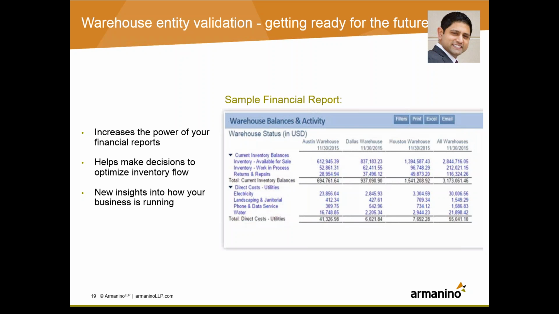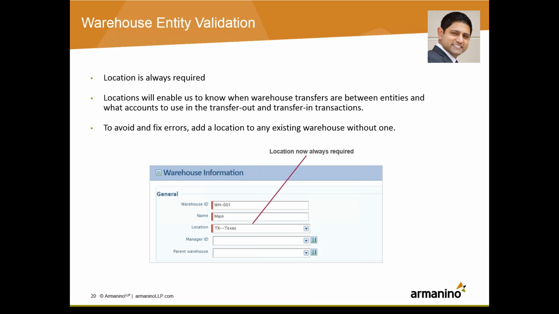The big update with regards to warehouses is the ability to go in and require the location. If you're currently utilizing the warehouses dimension, you probably noticed that prior to this, the location ID or entity was not required. It's now always required. When you're creating new warehouses, it's just going to show up in red, as you can see in that photo below, that Texas, or some type of a location, is required.